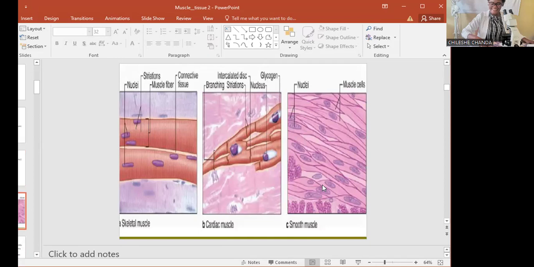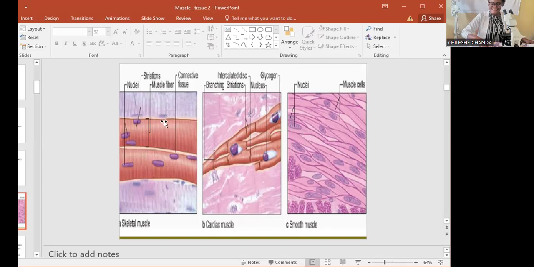Now, when you talk about the classifications, these are the pictures that are going to show you the 3 classifications of muscle tissue. So you have 1 here, this is the skeletal muscle. 2, we have cardiac muscle. 3, we have smooth muscle.